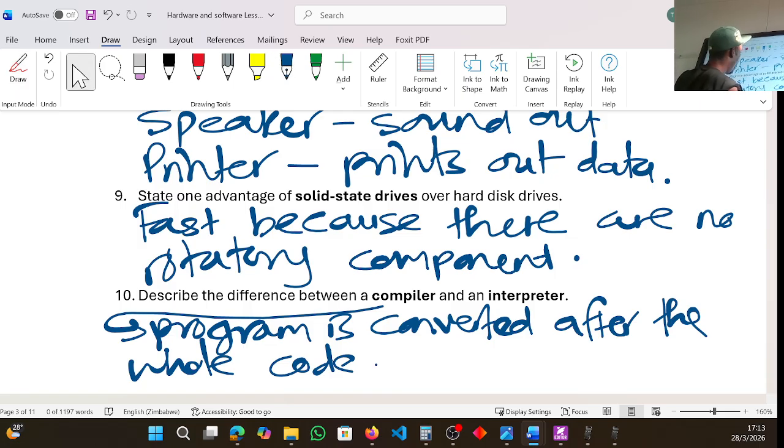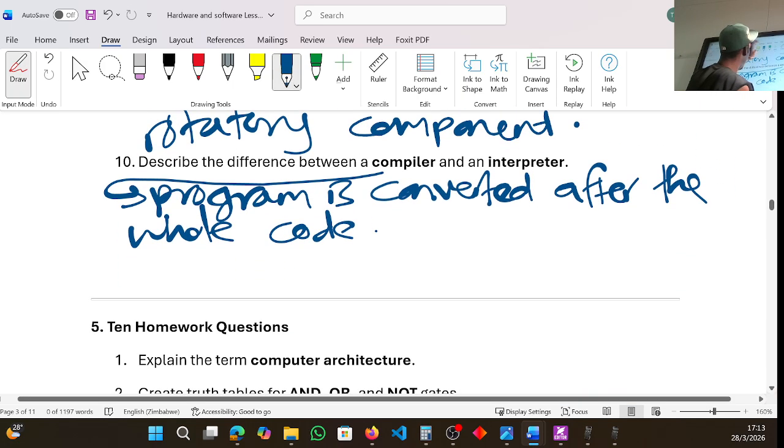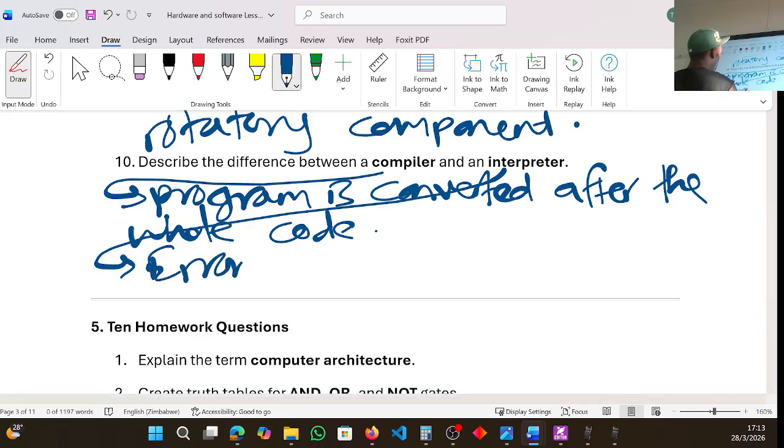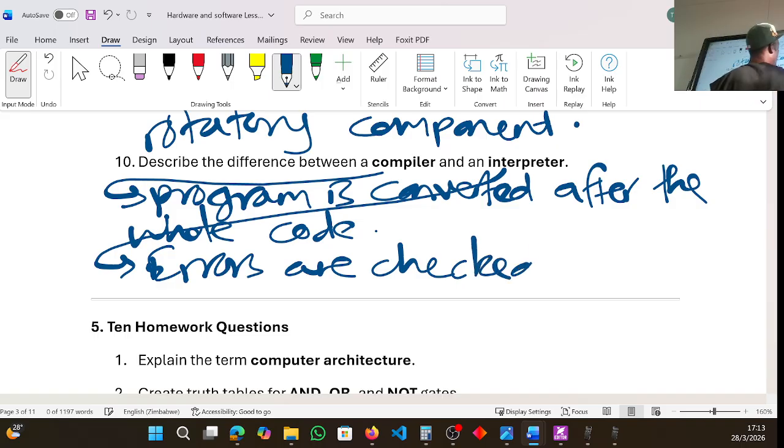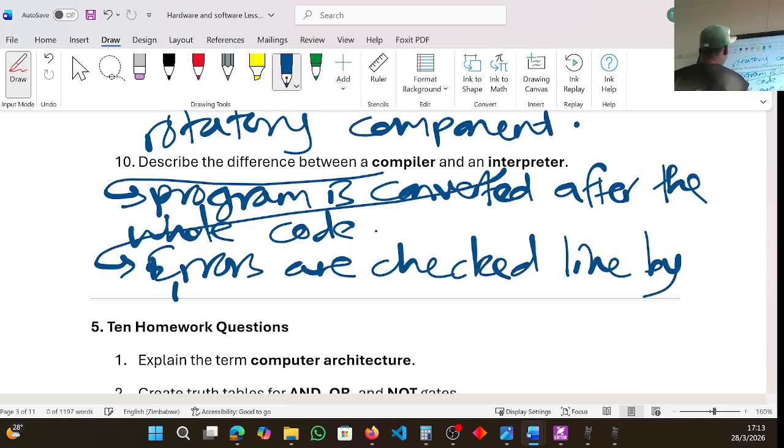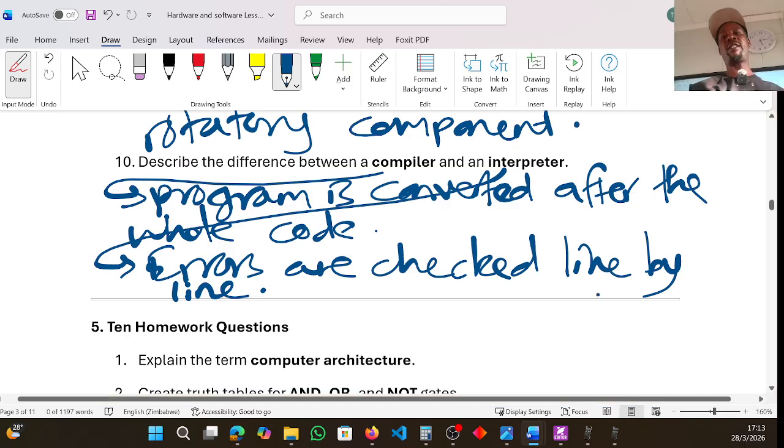Then with an interpreter, we are saying errors are checked line by line, such that if there is an error, it will be picked or identified there and then before the whole code is developed.